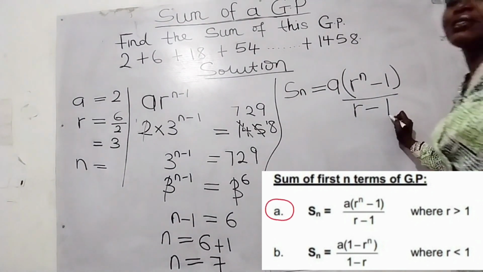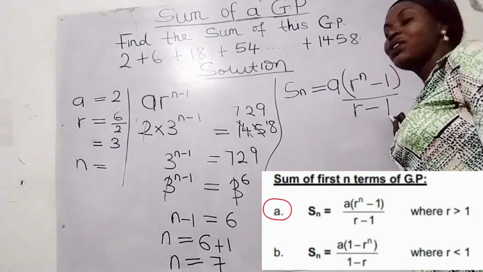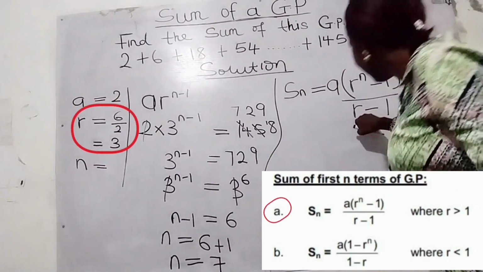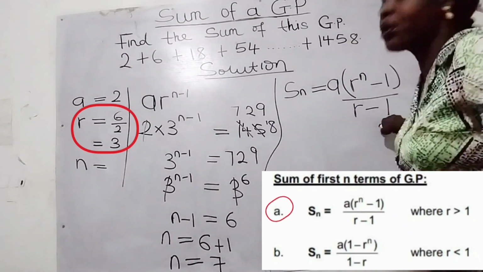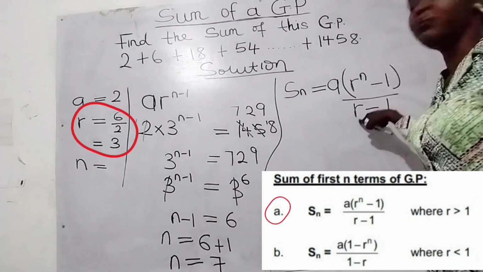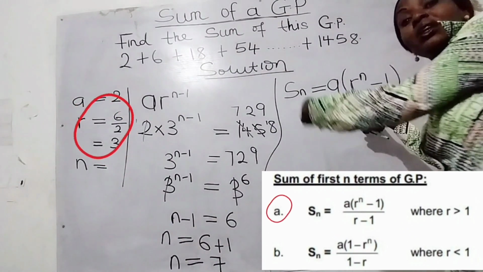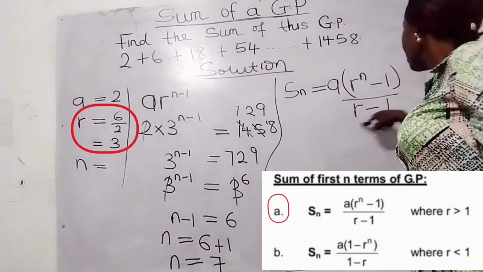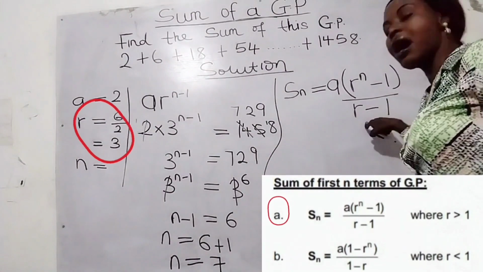Yes. You know why we use this formula? We use this formula because our r is greater than 1, so it will be easy for us to subtract 1 from it. If not, we use the other formula. Yes, this formula is what we use when r is greater than 1.